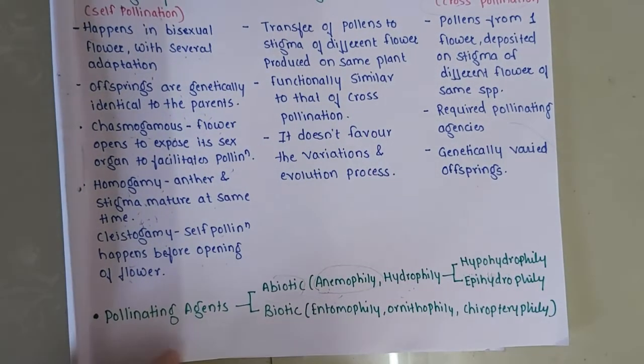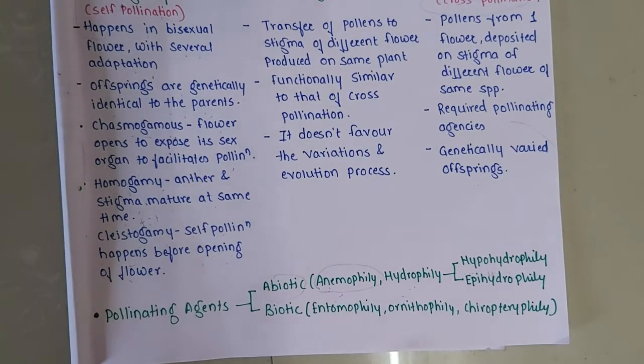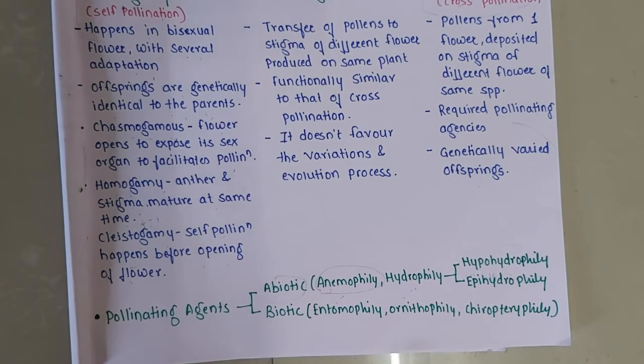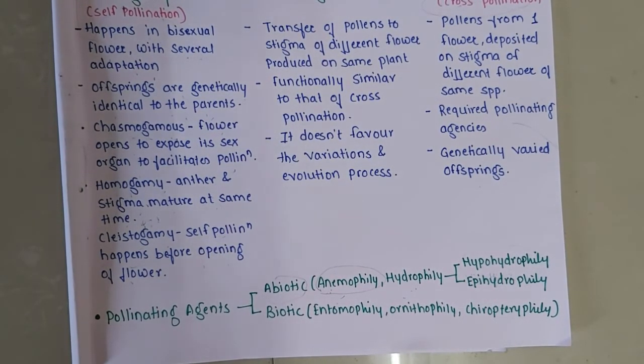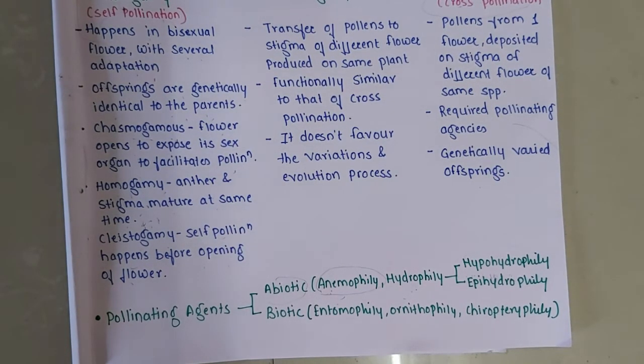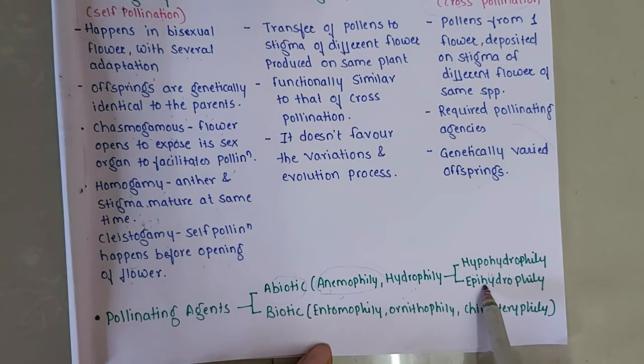Okay, in case of hypohydrophily, again remember, it occurs below the surface and the pollen grains of that plant will be heavier, and will sink down and be caught by the stigmas of the female flower. So they have given the example Zosteria, the common name of which is sea grass.